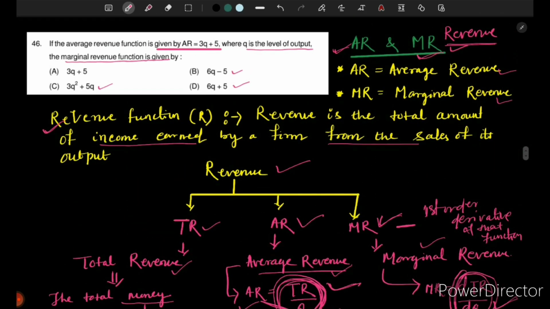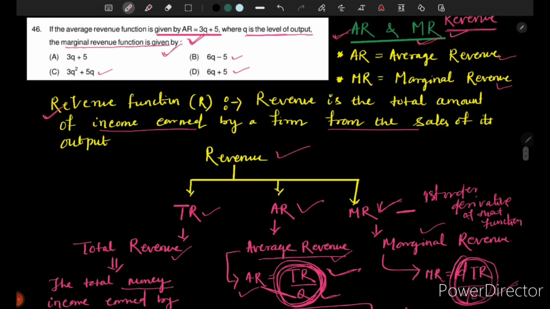Now let's come to the question. We are given the average revenue function, AR equals 3Q plus 5, and here Q is the level of output. So we have to find the marginal revenue function.